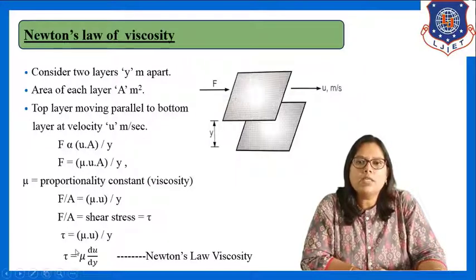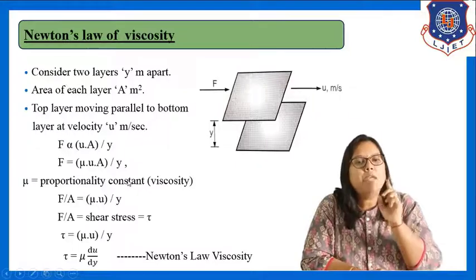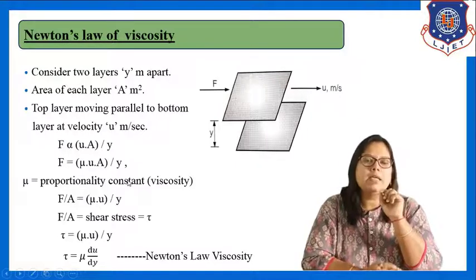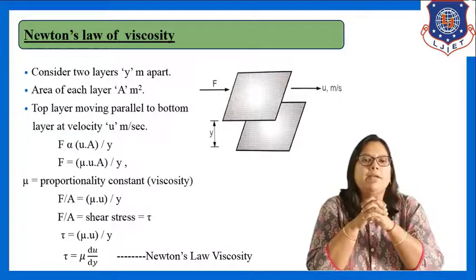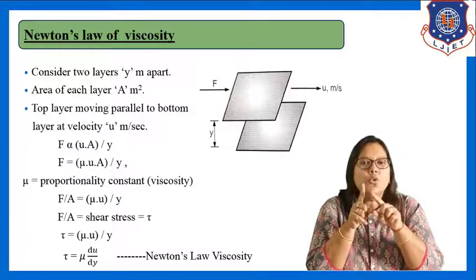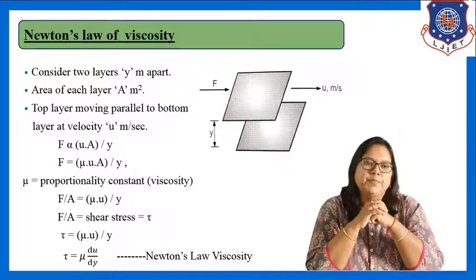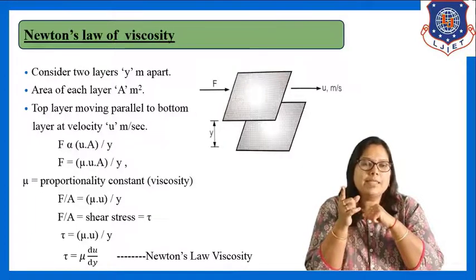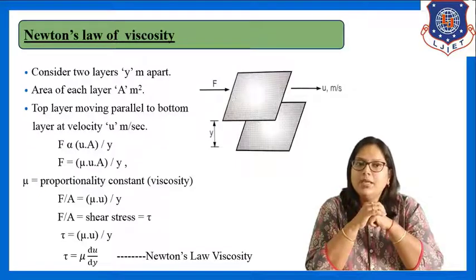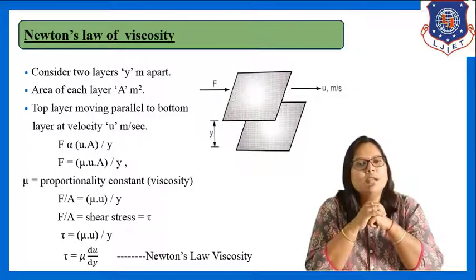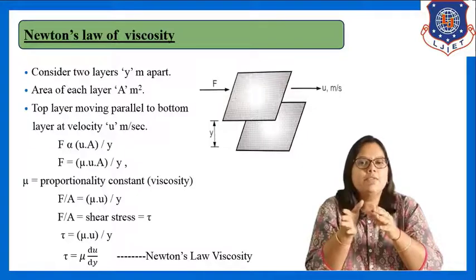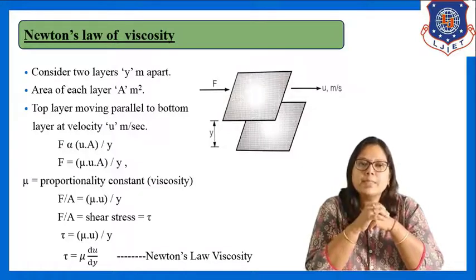So tau equals mu du by dy. Why am I writing du by dy? Because in this case the variable factors are only u and y. And what is du by dy? It is nothing but the velocity gradient, the change in velocity with respect to distance.